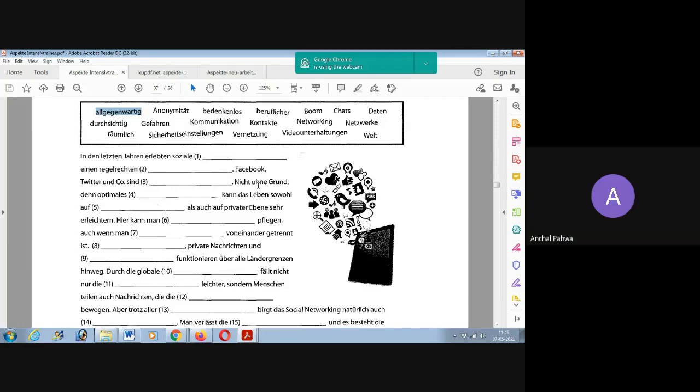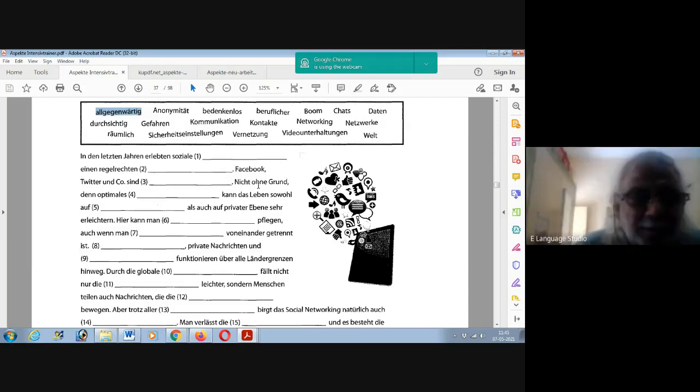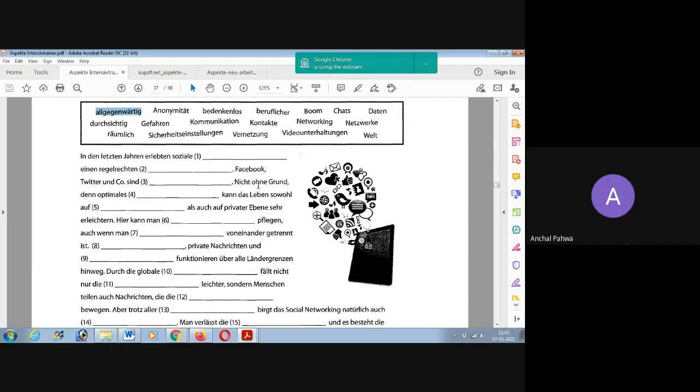Räumlich, by space. Spatially separated. Spatial is an adjective to space. So hier kann man Kontakte pflegen, auch wenn man räumlich voneinander getrennt ist.